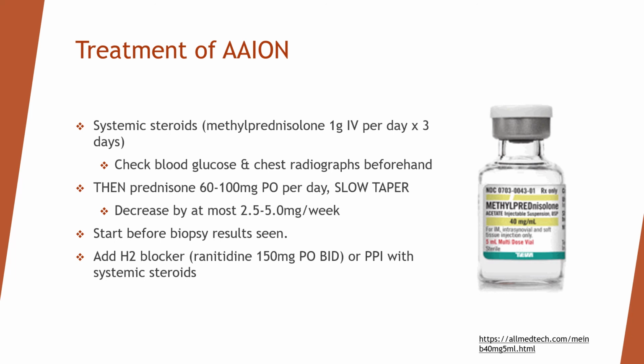Because AAION is an emergency, the steroids can be started before the biopsy results are seen. For systemic steroids, it would be thoughtful to add an H2 receptor blocker or a PPI because there is a slight risk of a peptic ulcer with steroids.